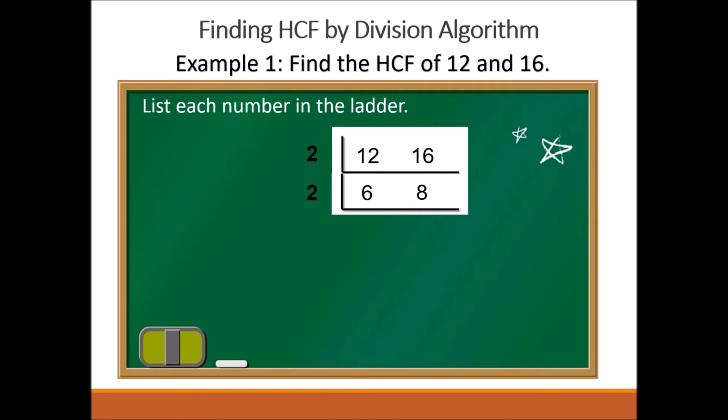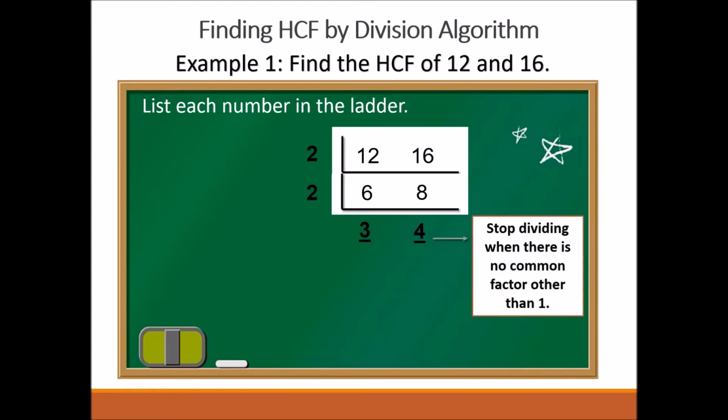So 6 divided by 2 is equal to 3, and 8 divided by 2 is equal to 4. Now, let's stop dividing 3 and 4 since there is no common factor other than 1.